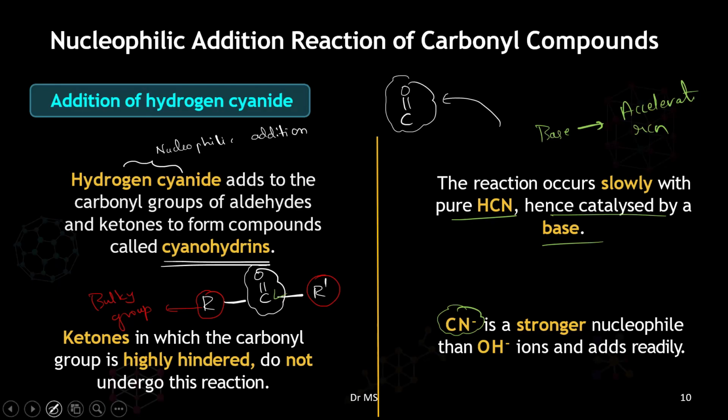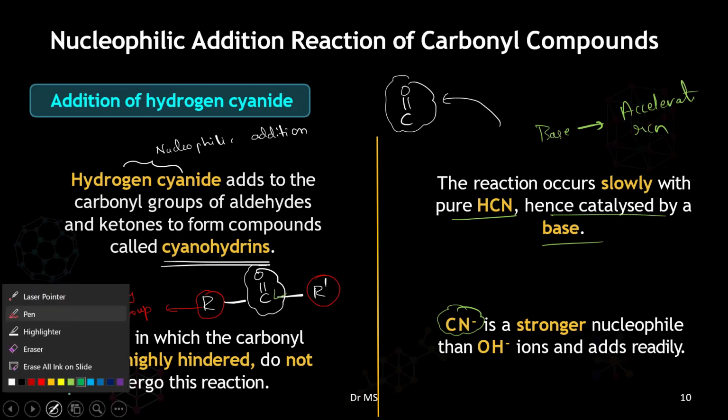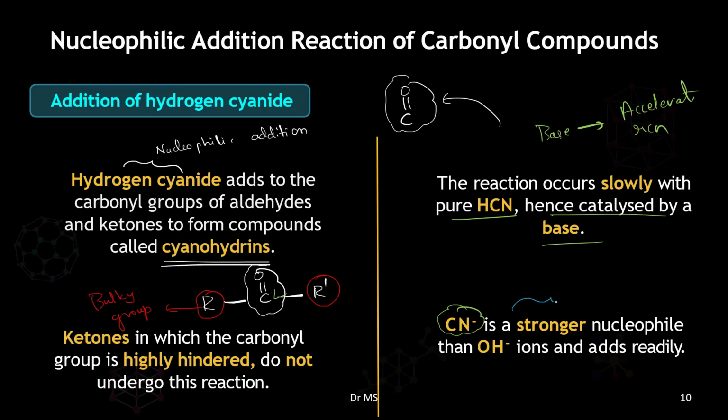Because of that, the cyanide, being a very strong nucleophile, will be helpful for the nucleophilic addition reaction and result in formation of the product cyanohydrins. This property of cyanide being the strongest nucleophile is very crucial for the formation of cyanohydrins, which are a valuable intermediate.